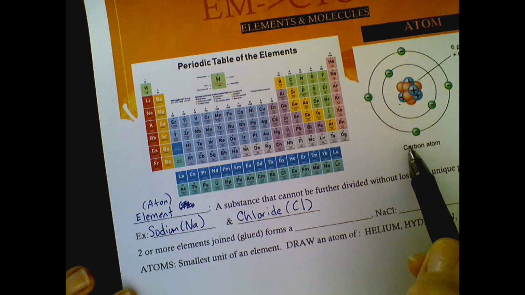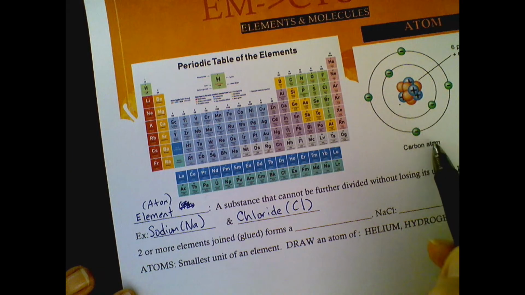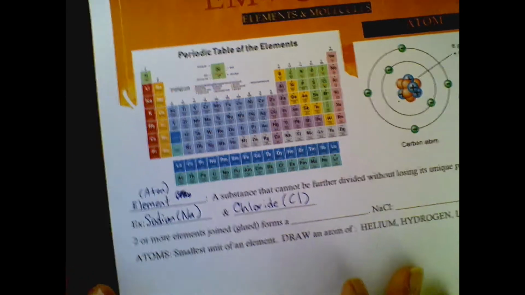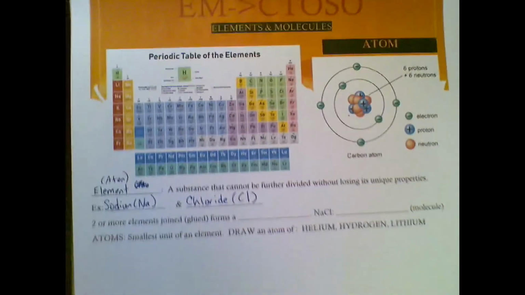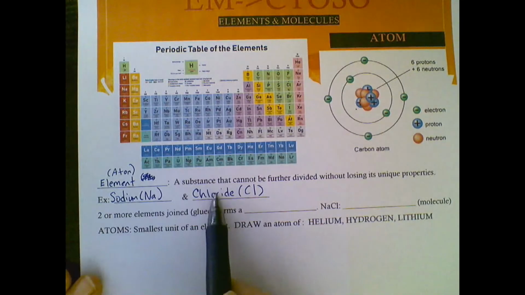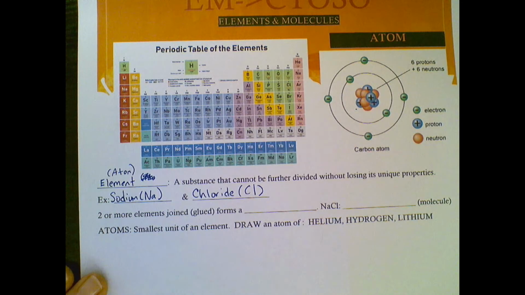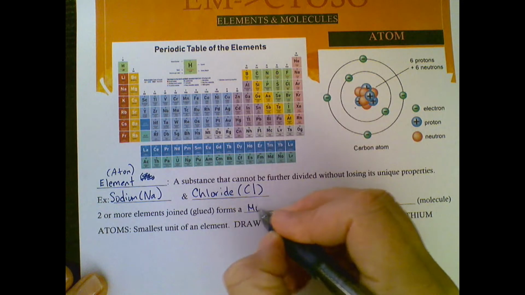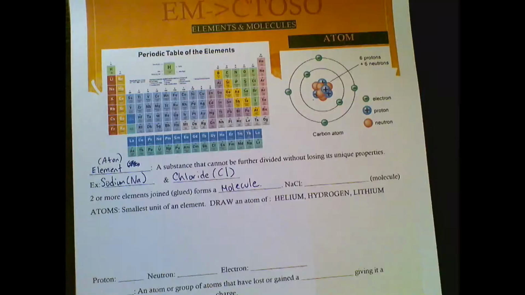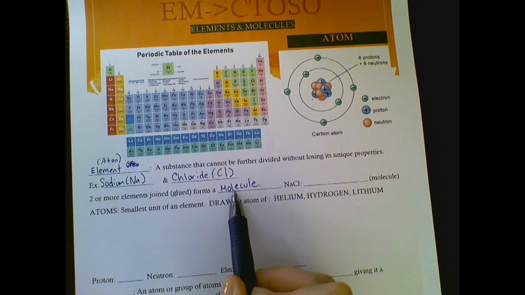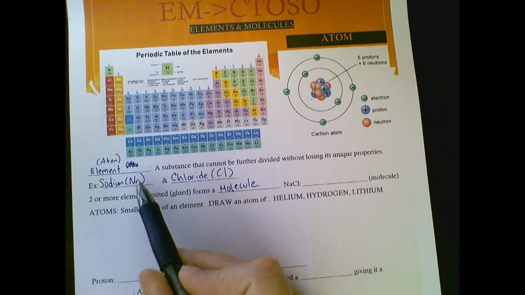Those are elements. And an atom of that element is something like this. Like the element is carbon, and if you have one of them, you have an atom of carbon. If you have two or more elements glued together, you get a molecule. In this case, I'm going to show you these two, sodium and chloride.